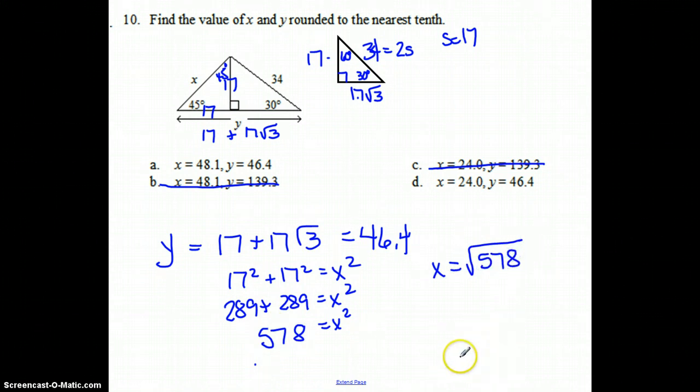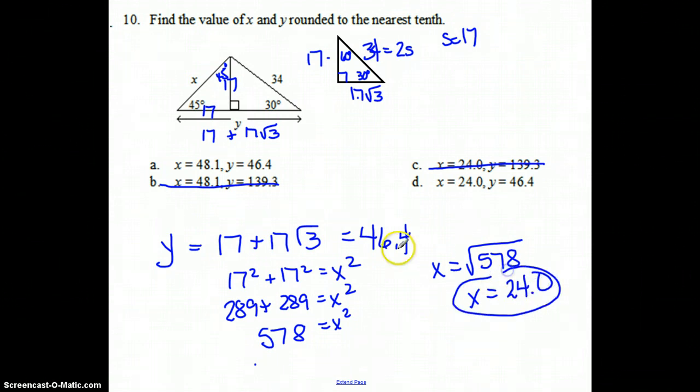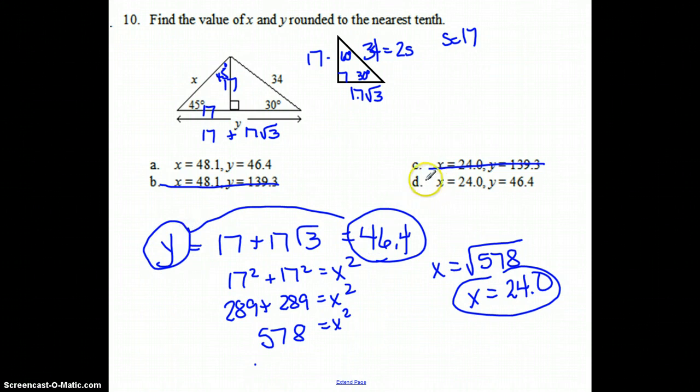If I go to do the square root of that, because on this one they don't really want us to go through and do simplest radical form, round to the nearest tenth. So just put that in your calculator. So x equals the square root of 578. So x is 24.0. So that means my answer is going to be D.